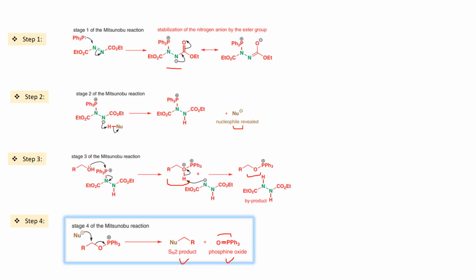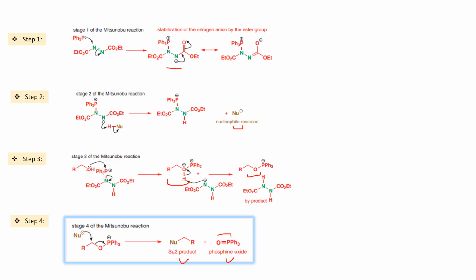So this is the mechanism step by step. In step 1, you can see PPh3 will attack the nitrogen of this diethyl azodicarboxylate and open up the nitrogen-nitrogen double bond and form this type of species. After that, this N- will take a proton from the nucleophile and generate the active nucleophile.